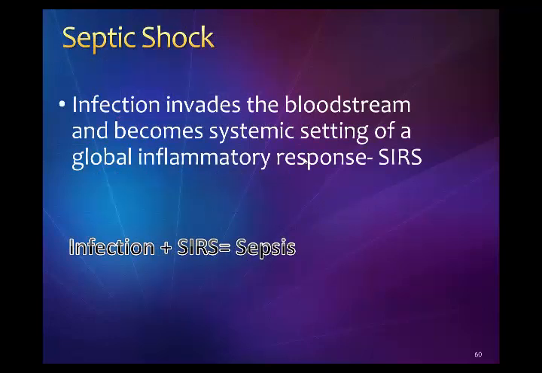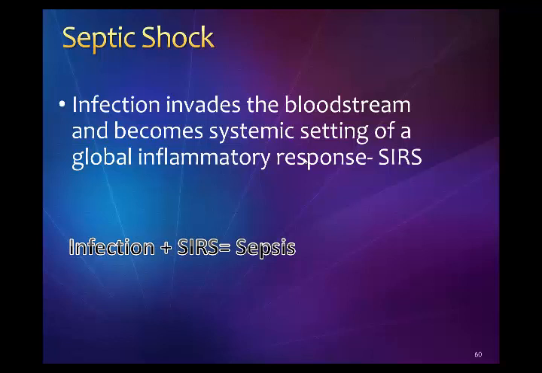All right, we got to our most concerning type of shock, or not concerning, I would say our most complicated type of shock, and that is septic shock. So I'm going to go through that for you. We're going to start by talking about what happens in septic shock.